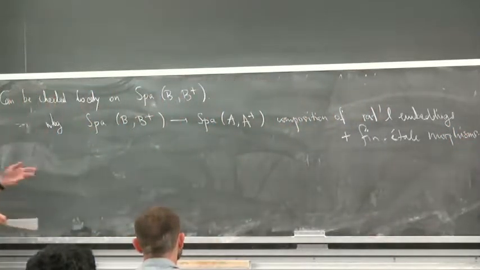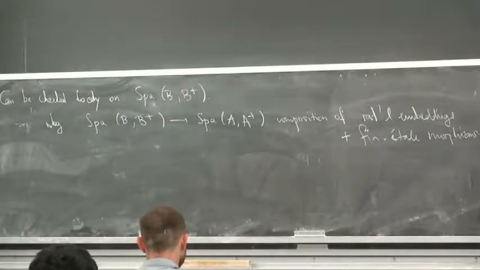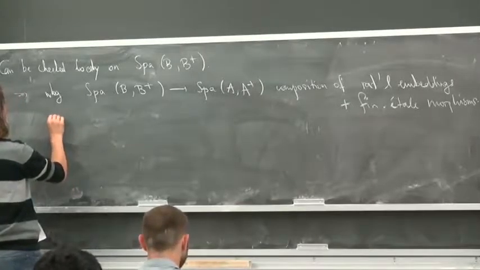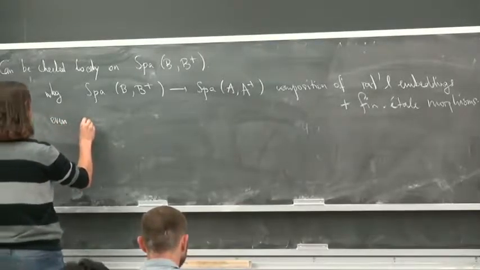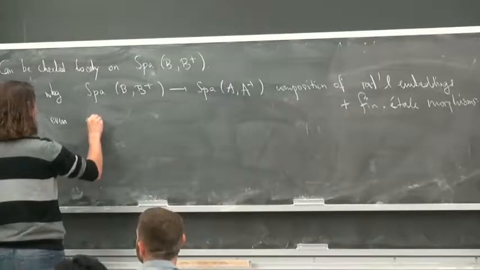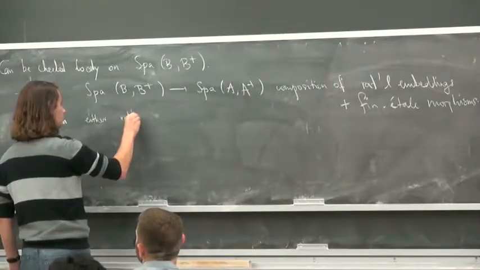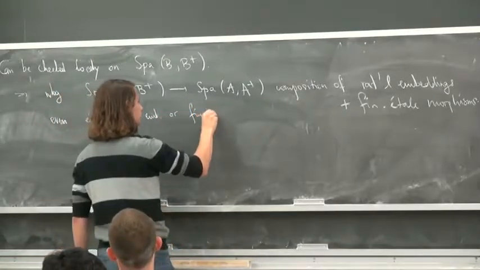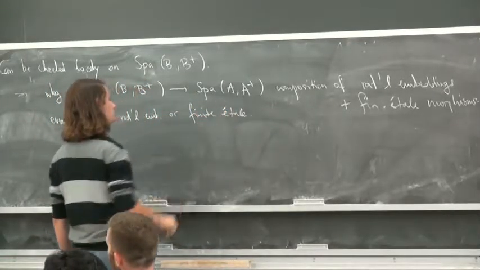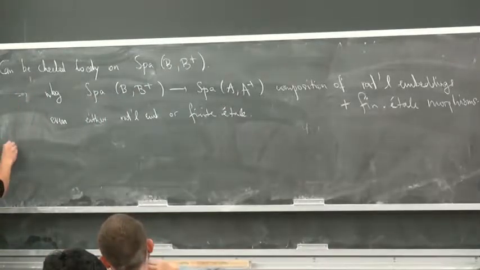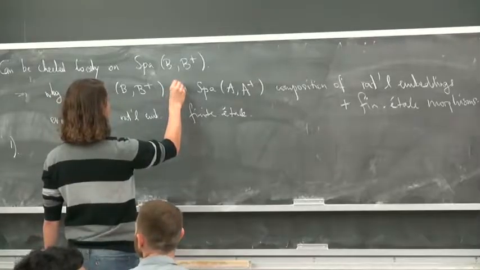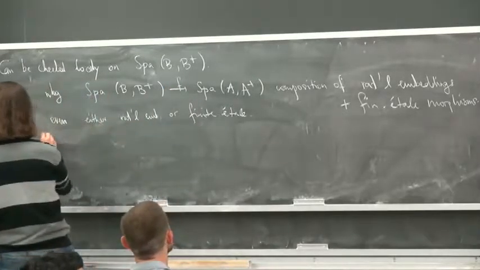And then one can actually reduce to it being either a rational embedding or a finite étale morphism. Okay. And so we have two cases to check. So we have the case where, let's call this map F, where F is a rational embedding.